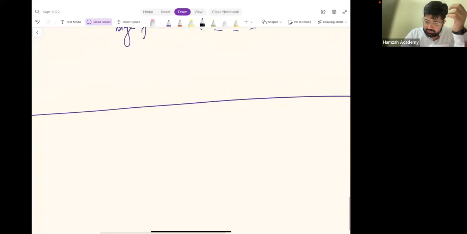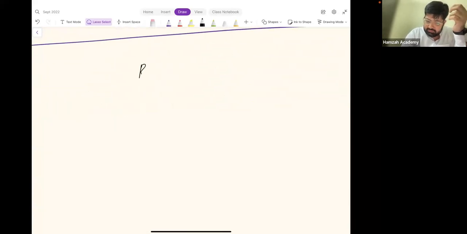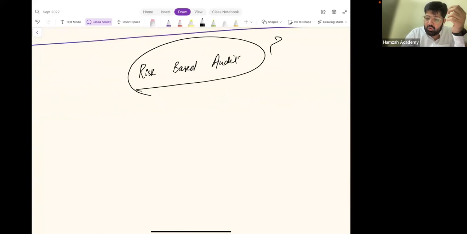Risk-based audit approach. What is the risk-based audit? Risk-based audit approach is one of the audit methodologies, audit directions we are going to discuss.